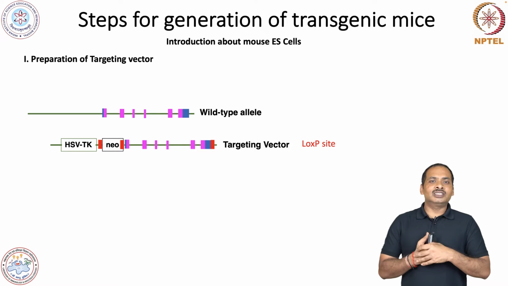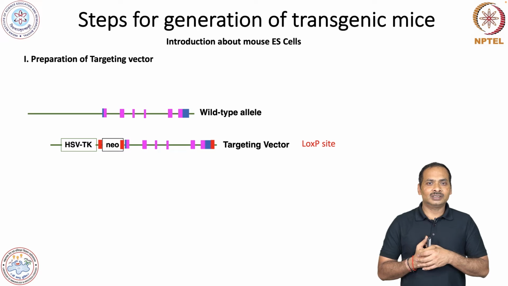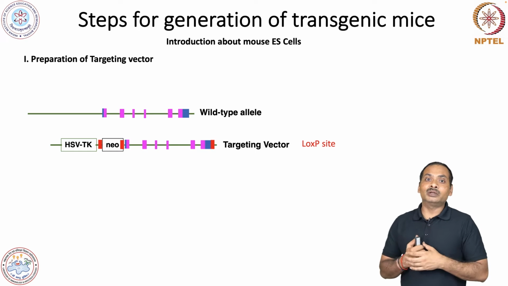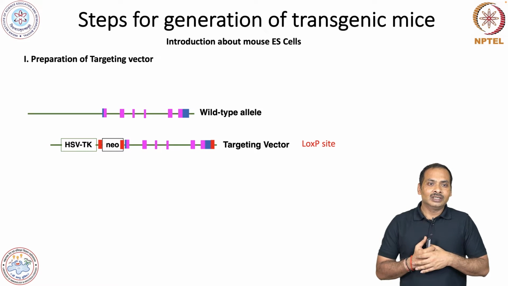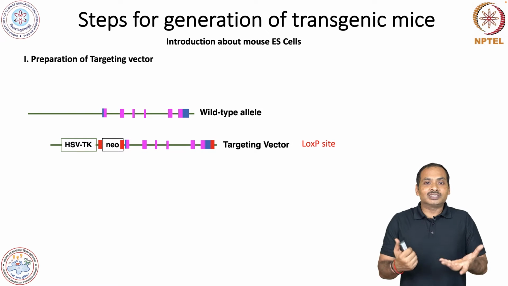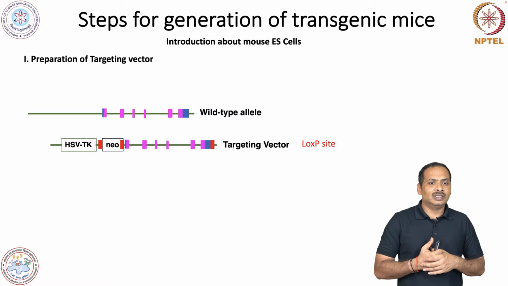In that way there will be a deletion of that gene. This deletion will be achieved when the Cre enzyme comes into action. Now, you might have a simple question: what is the Cre enzyme, and where will it come from? I will explain in a later slide.